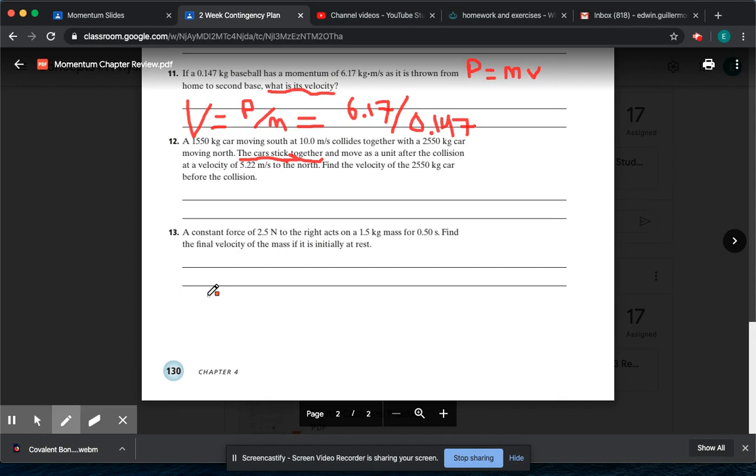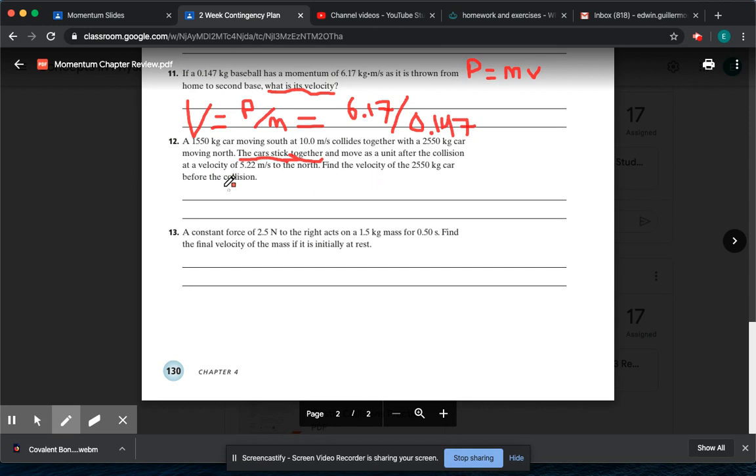For inelastic collisions, momentum is conserved, kinetic energy is not. Okay, remember that. So what are we being asked to find? We are being asked to find the velocity of a car before the collision.